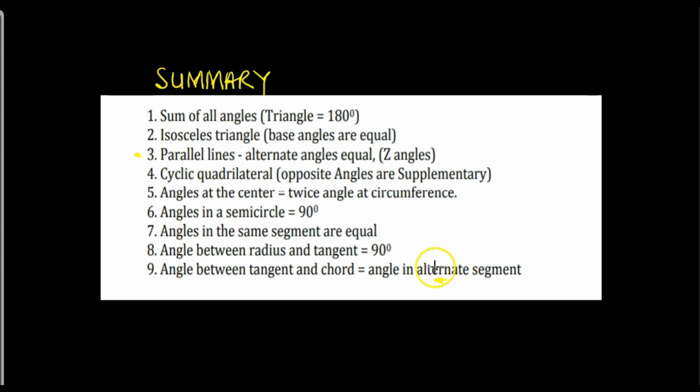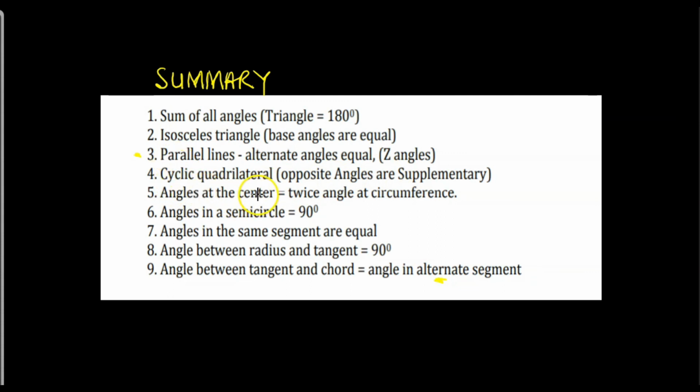Even though the alternate segment theorem states that angles in the alternate segments are equal, and likewise alternate angles are also equal, remember this is totally different from alternate angles in parallel lines, even though they are all equal. Then we also had the cyclic quadrilateral: the opposite angles are supplementary, meaning that they add up to 180 degrees.